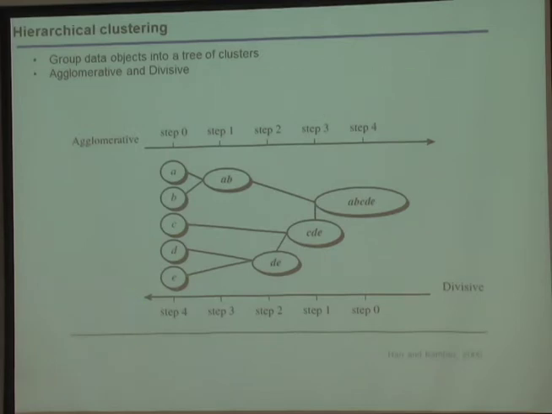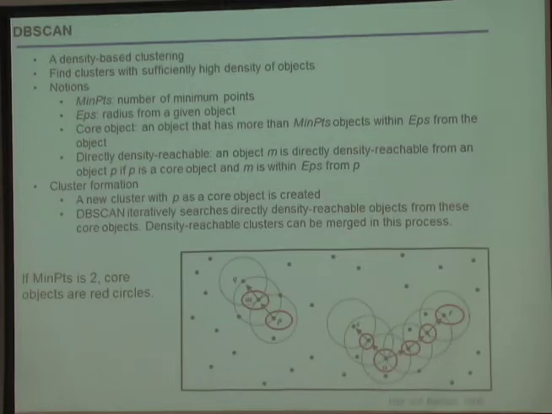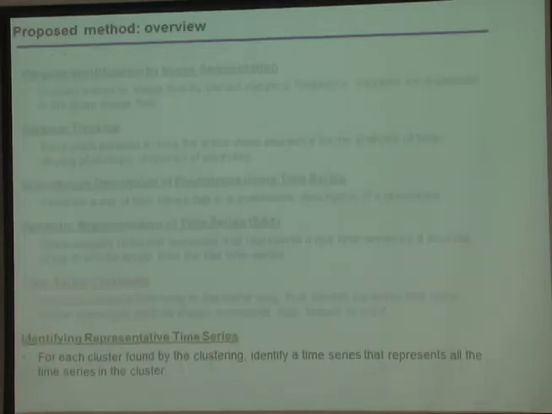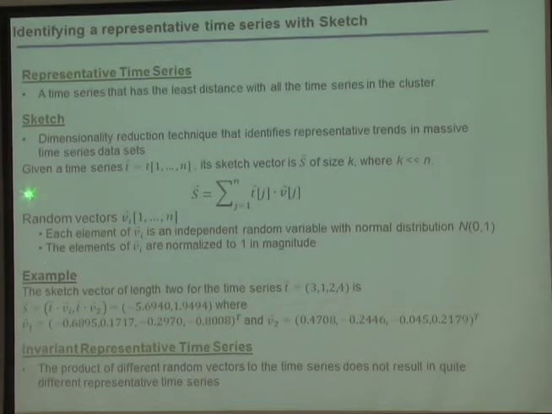So, here is the clustering algorithm. This is this idea of agglomerative clustering. You build this tree. Here's the idea of DBSCAN, which is basically find the dense spots in the distribution and you cluster them together. We'll not worry about the details, doesn't matter. Now, one last thing, which is that once you form these clusters, you can define a representative time series of the cluster.